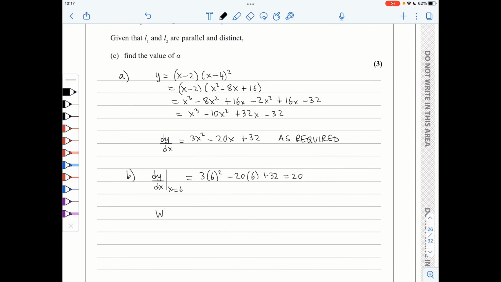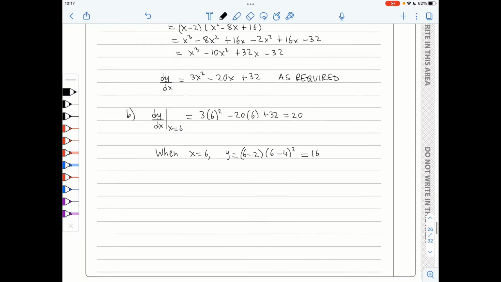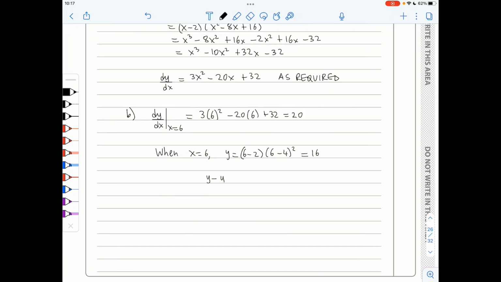We also need the value of y, so when x is 6, y is 6 minus 2 brackets 6 minus 4 squared, which is 16. So I'll be using y minus y1 is m(x minus x1) to get y minus 16 is 20(x minus 6).